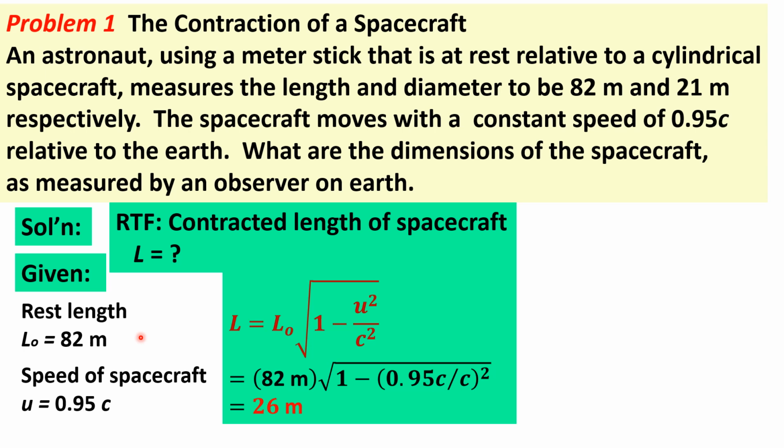Okay, there is no need to worry about what's going to be the diameter of the spaceship, because the given diameter here, 21 meters, is not along the direction of the relative motion, but rather it is perpendicular to the relative motion.